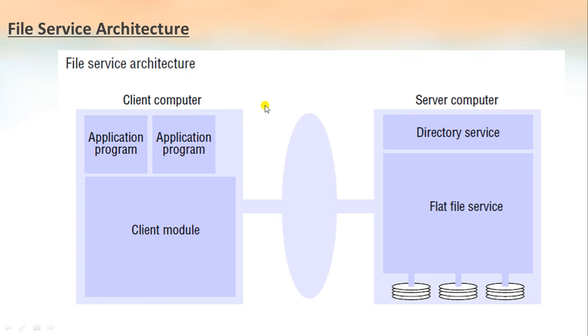The file will be stored on a remote server and the client can access the file from this particular remote server. So there will be a client computer and a server computer. The various modules in the client computer are an application program and a client module. And in the server computer, there will be a directory service and a flat file service.